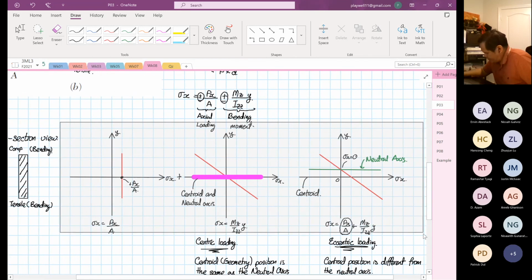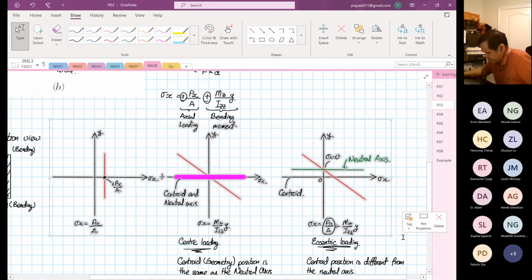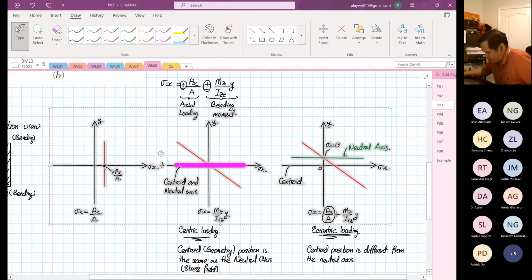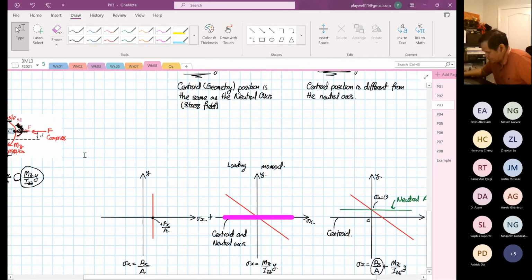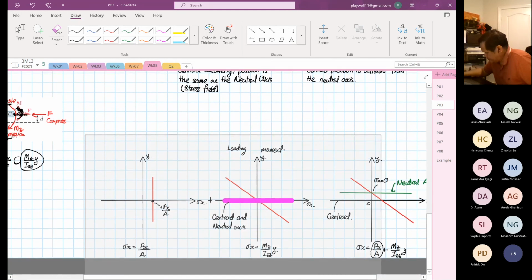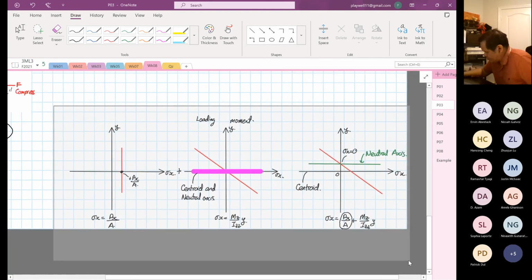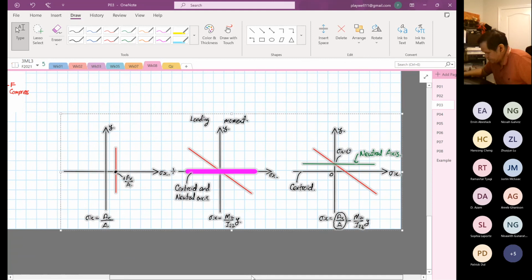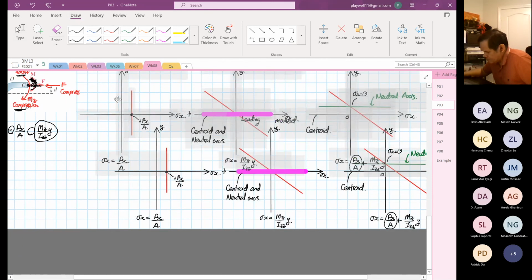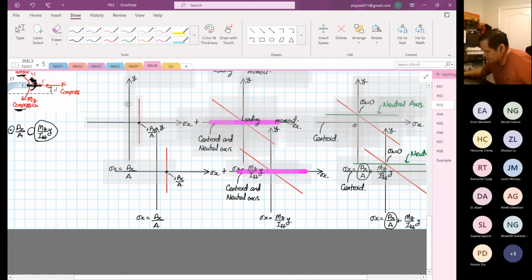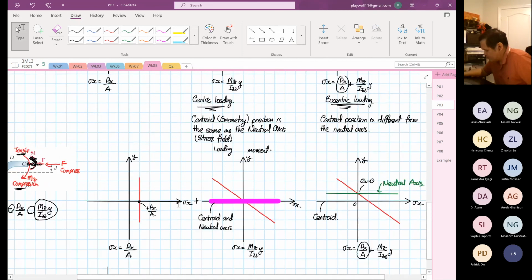The formula is still the same. Copy and paste, so we got it here, and we're going to change some things. Sometimes this works, sometimes it doesn't. It will work now.